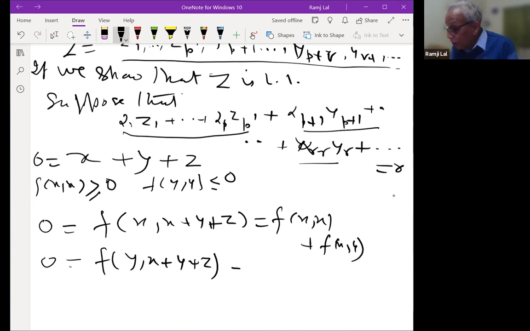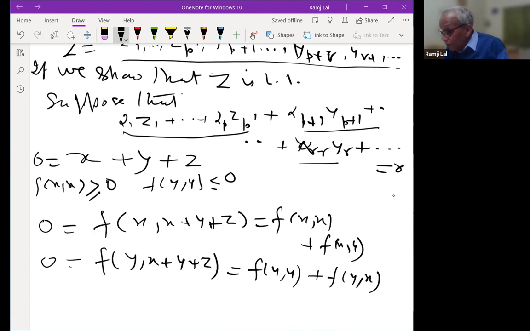This is also equal to f(y,y) plus f(y,x), right? And so these two are equal in a way, right? And if you are in the symmetric case, so observe, let me argue it for the complex case also. The proof goes the same way. So far, it was all right.